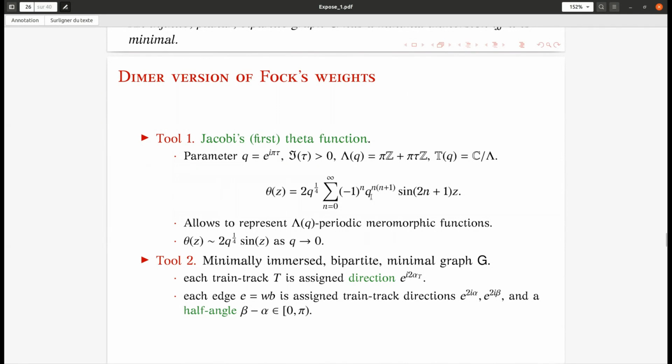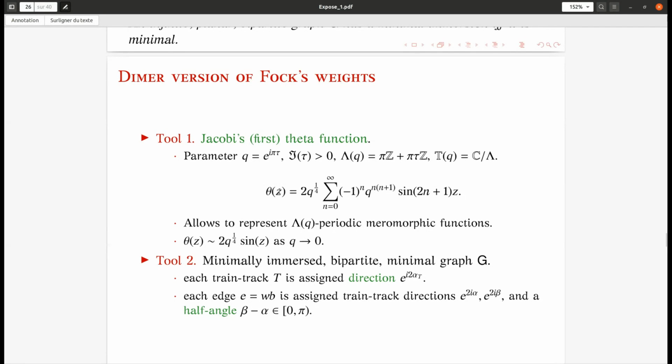It's a function which has a parameter q, which is e to the i pi tau, and there is naturally an underlying lattice lambda of q, which is pi Z plus pi tau Z. So it's a two-dimensional lattice, and you can also naturally assign a torus, which is C quotiented by this lattice. So this defines the torus associated to the theta function.